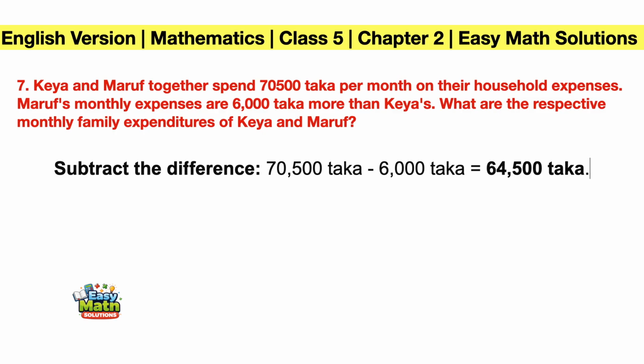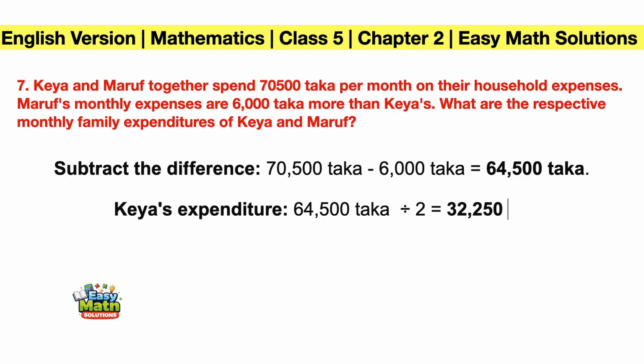This is the both Kia's expenditure. 64,500 divided by 2, since there are two, Maruf and Kia.